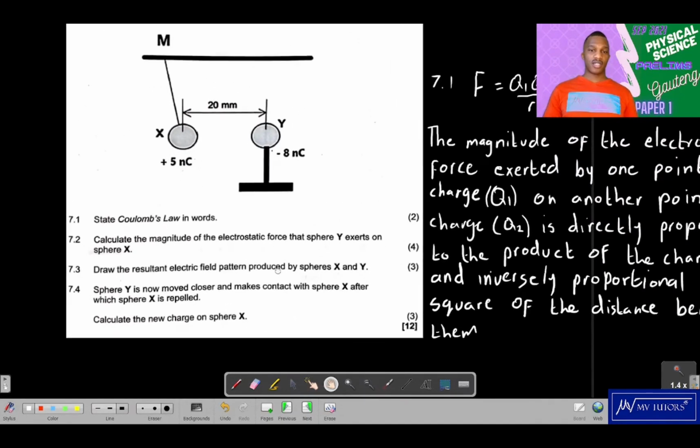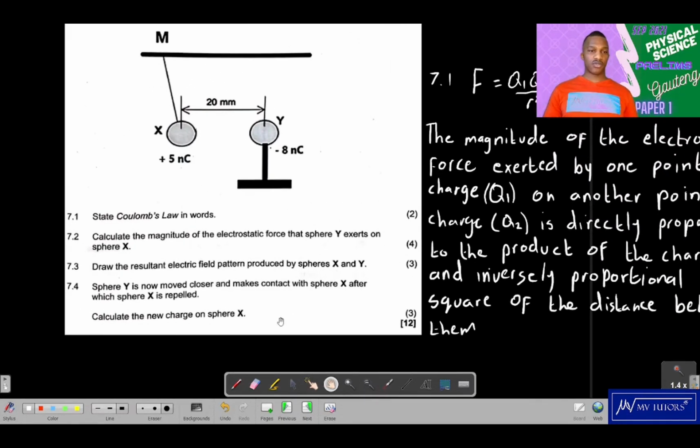That's basically what they're asking us to do. All right, let's use a red pen this time. We are doing 7.2. So we know that the force is equal to Q1 times Q2 divided by r squared.